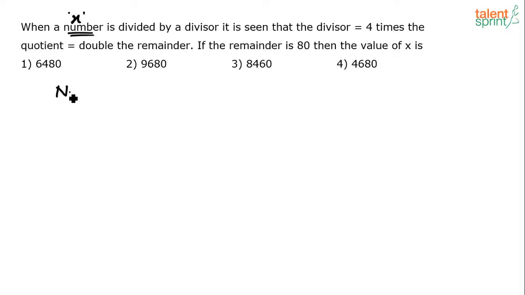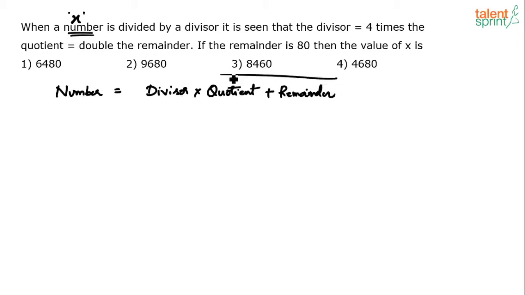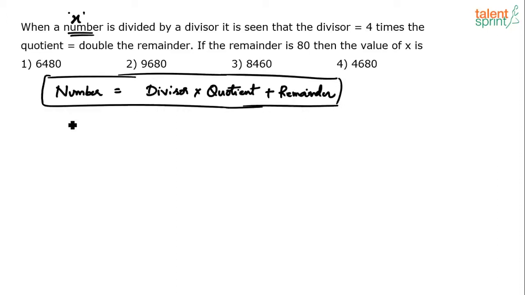Now you know that the number, whatever that number be, is equal to divisor multiplied by quotient plus remainder. That's what we have to do here. Now we have been given that remainder is equal to 80.